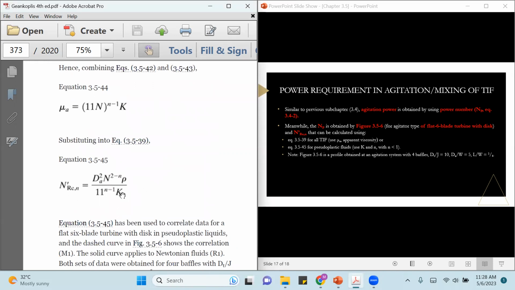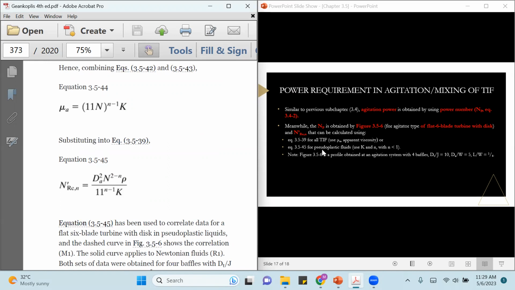Sometimes, you can also use this N Reynolds prime equation for pseudoplastic fluid. So I can say that for the general case, for all TIF fluids, you can use equation 39.